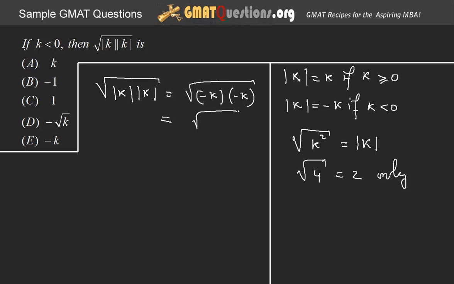So we're going to have the square root of k squared. And as you know, we did this already. This is the absolute value of k, and the absolute value of k being negative is negative k. It's like we're going in circles. But the correct answer here is negative k.